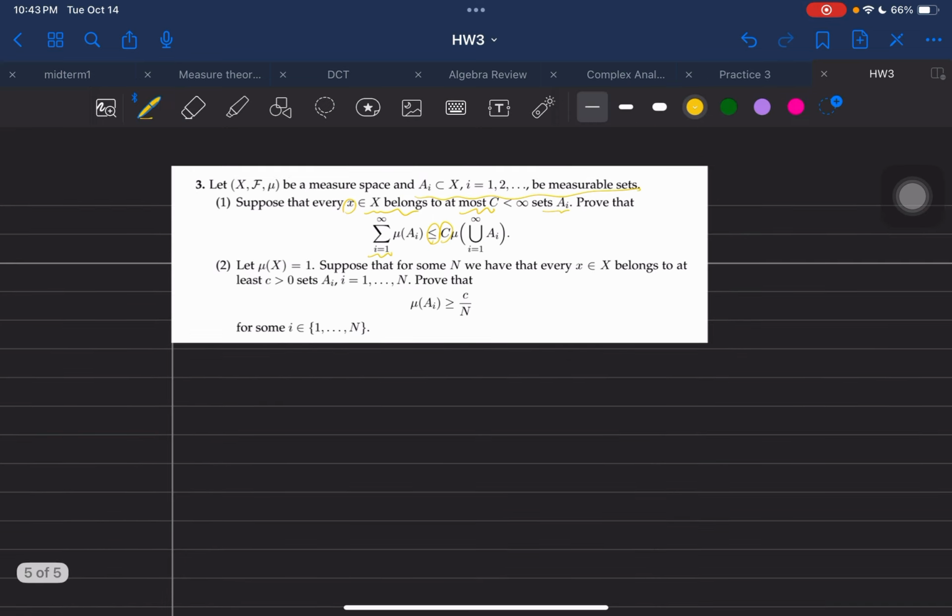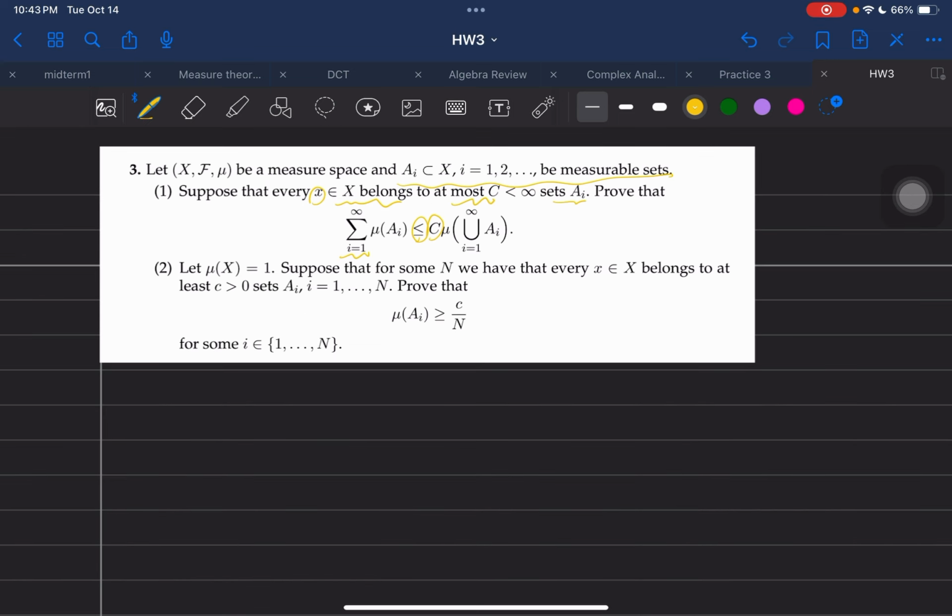So what part 1 is essentially saying is, as we know nothing about those AIs, we don't know if they overlap or don't, or how much they overlap. We can only know they are measurable, which gives us nothing about their intersection.